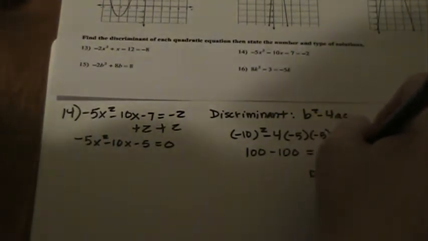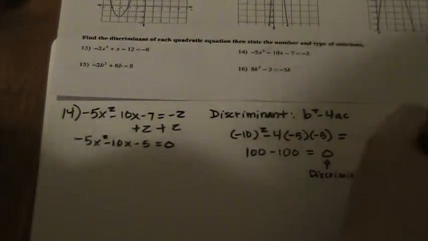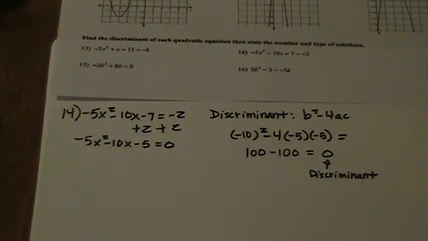So that's half of my answer because the direction said determine the discriminant. And so I did. And so what we had in class was a table that you had to memorize that explained how each type of discriminant would tell you what the number and type of solution would be.